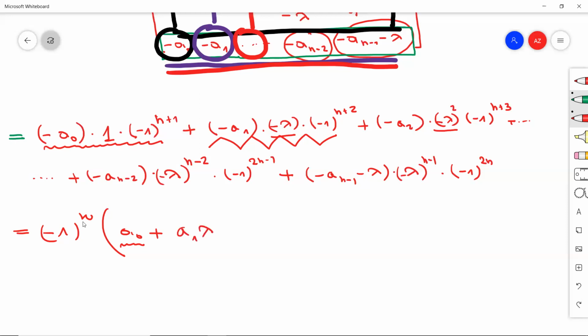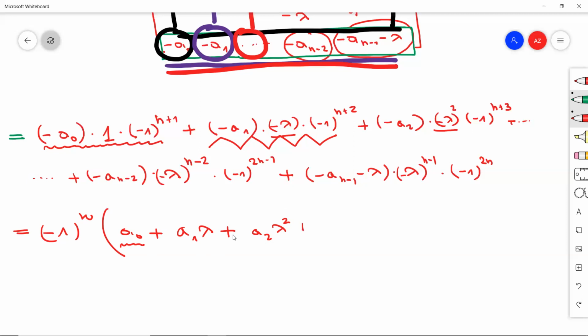From the third term, we get a2 lambda squared. Again, minuses, we have -1 to 1, plus -1 to 2, plus -1 to n plus 3. So it's -1 to n plus 6. So it's in fact -1 to n. That's why the sign is really plus here in the bracket.